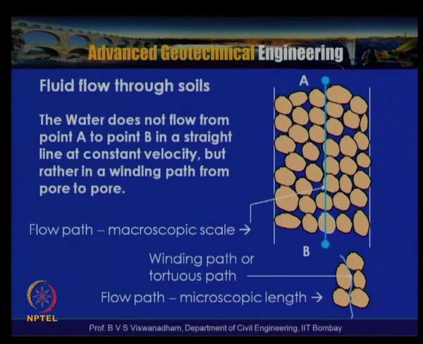That means if the head at A is higher than the head at B, then water flow can take place from A to B. Similarly, if the head at B is higher than the head at A, then water can also flow from B to A. The path subtended by the flowing water in the soil solids is known as the tortuous path, and the ratio of the length of the tortuous path to the macroscopic length, or length of flow path, is called the tortuosity factor.